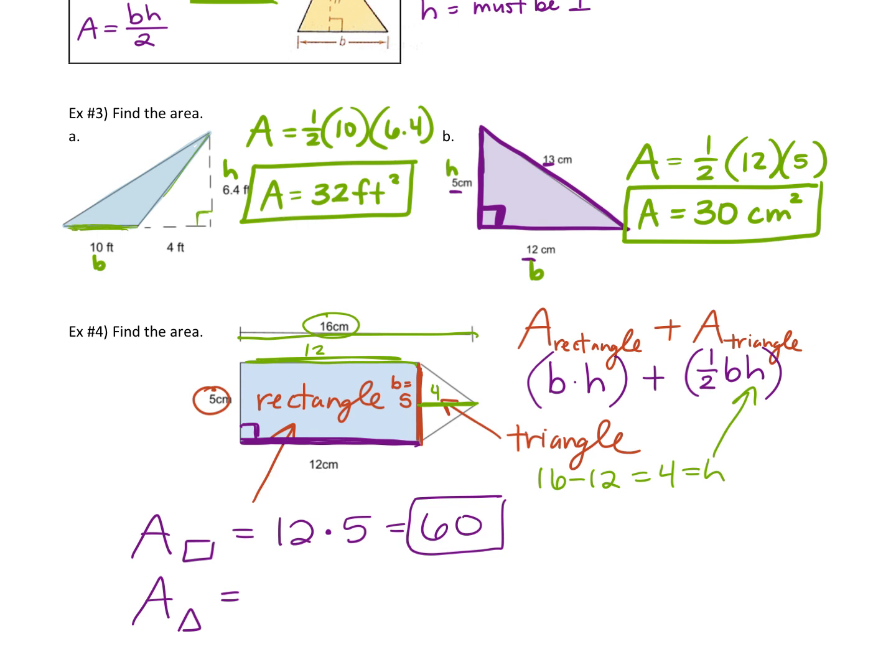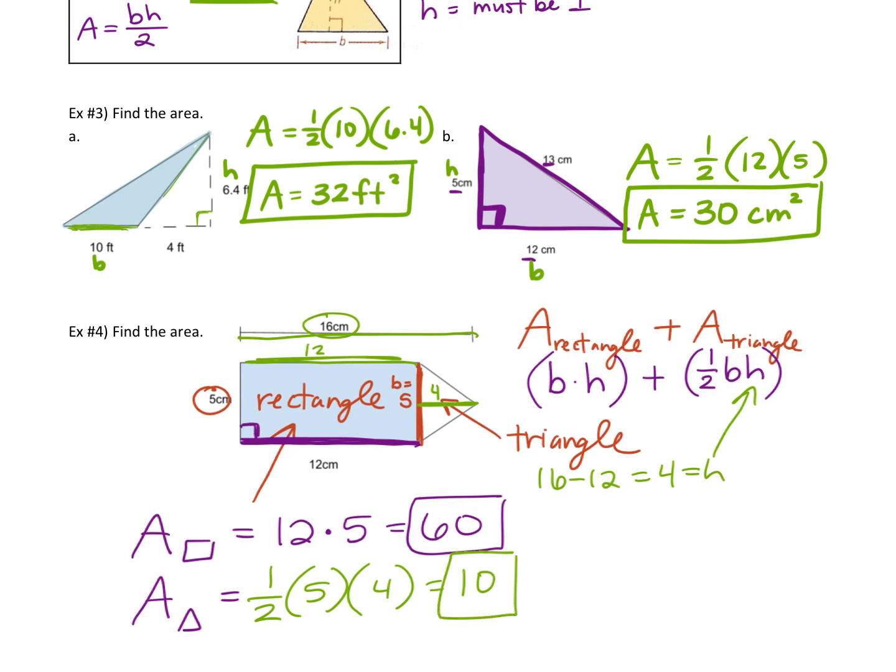So let's find the area of the triangle. What do you do? 1/2 base times height, right? So 1/2 times your base of 5 times your height of 4, which is what? 5 times 4 is 20, times 1/2 is 10.